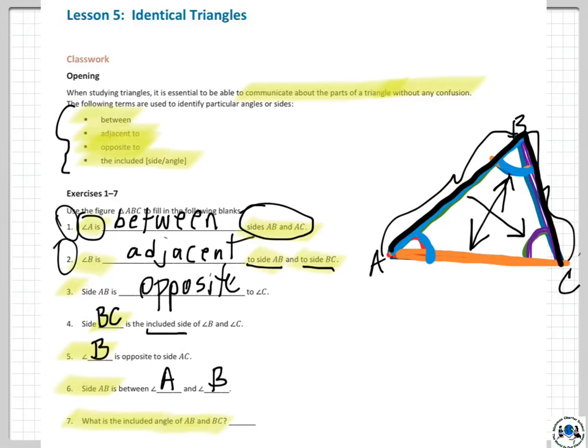So now the question is the included angle, whereas we had included side up here. Okay, we have included angle, and again I think that should be pretty clear, and it is angle B right there. Okay, because it is included. It's also between. Okay, so there are several different ways to look at these relationships, sides, and angles.